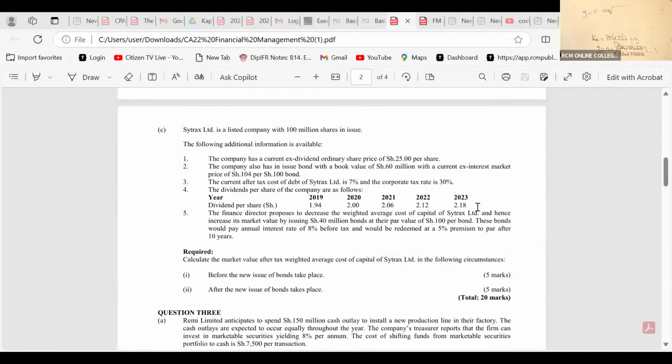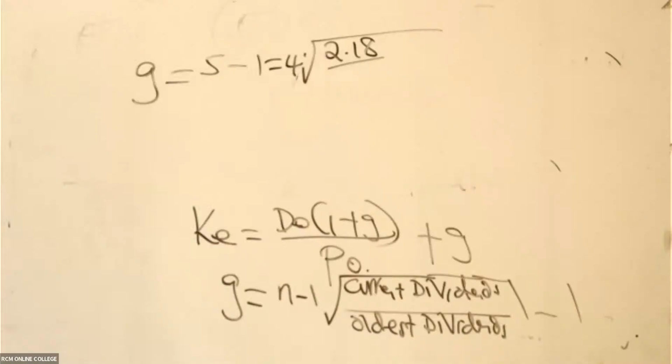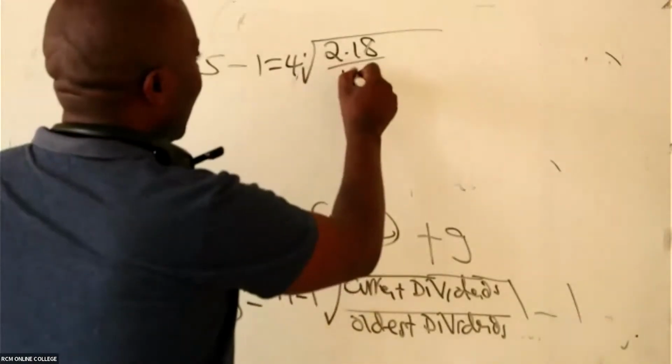The most recent dividend is this one in 2023, 2.18. We divide this by the very oldest dividend, the one given in 2019, 1.94.